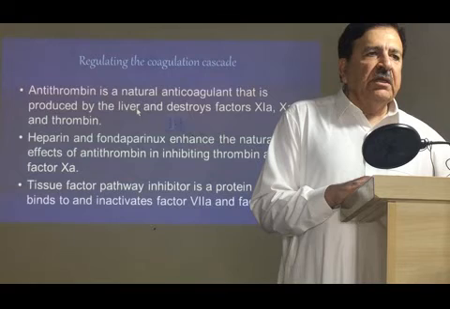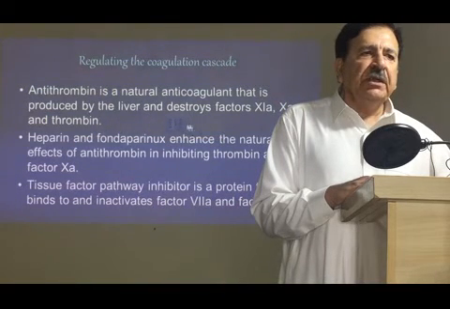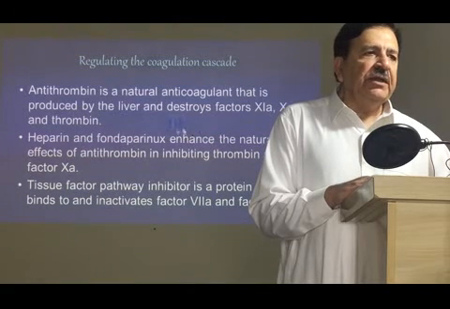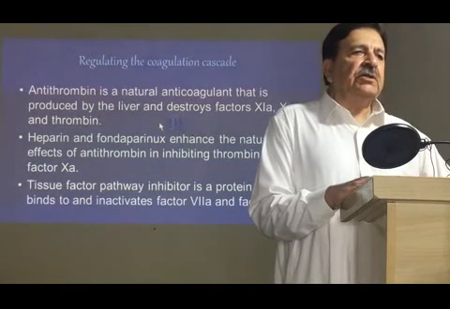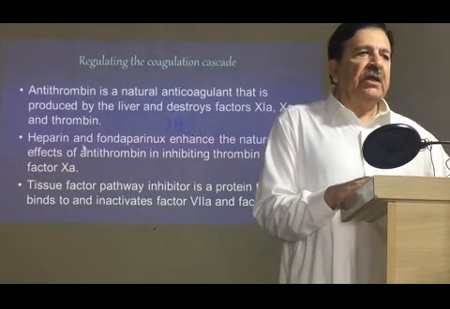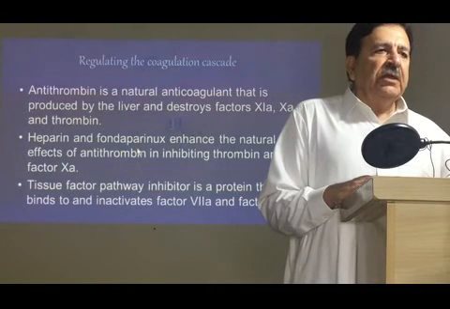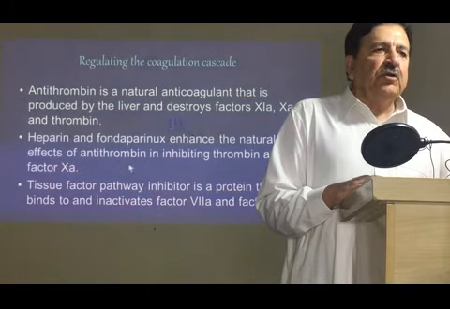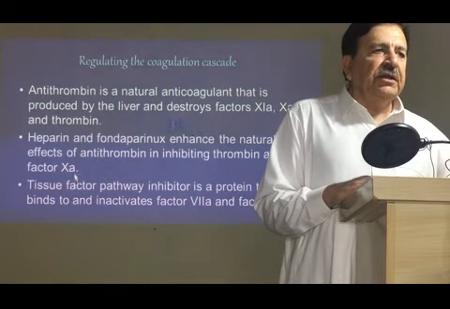Antithrombin is a natural anticoagulant that is produced by the liver and destroys factor 11 and 10 and thrombin. Heparin and fondaparinux enhance the natural effect of antithrombin in inhibiting thrombin and activated factor 10.